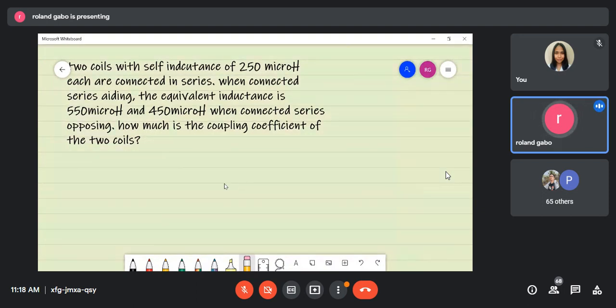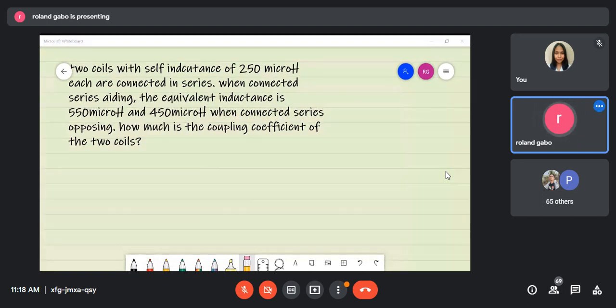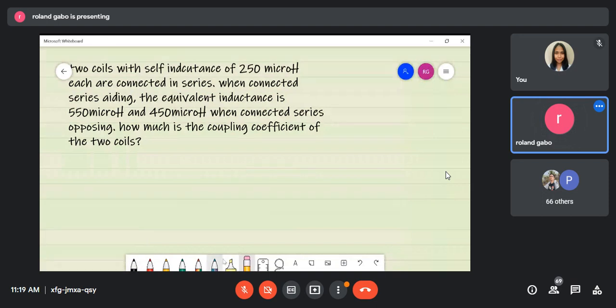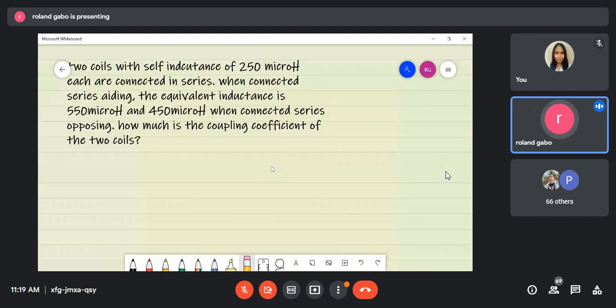When connected in series aiding, the equivalent inductance is 550 microhenry, and 450 microhenry when connected in series opposing. How much is the coupling coefficient of the two coils?